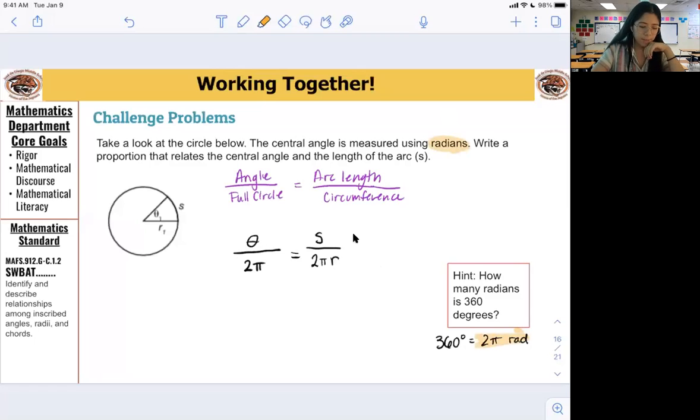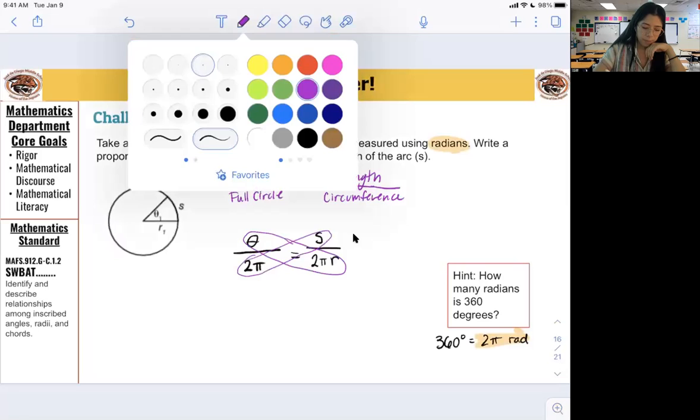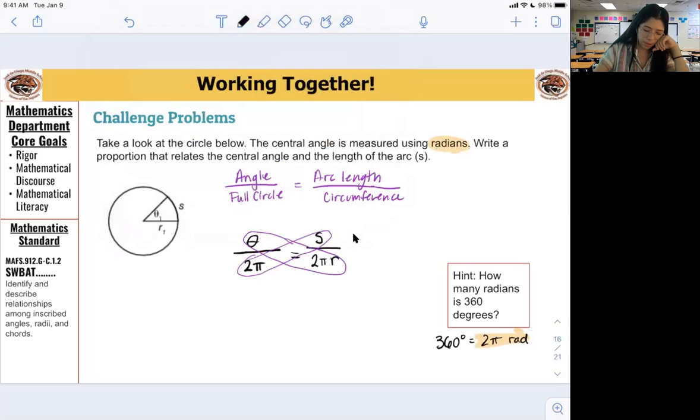But that kind of does something interesting. Let's see what happens when we cross multiply and solve for theta. So cross multiplying, I get 2 pi r theta equals 2 pi s. If I'm solving for theta, what should I do on both sides? Divide by 2 pi r.